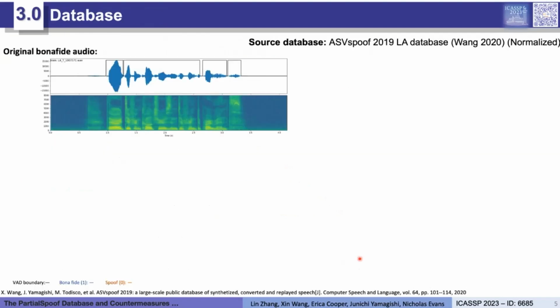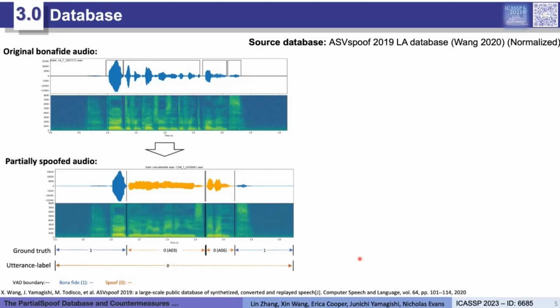Let me first give a quick recap of our previous work on partial spoof. When we explored this topic, there was no open source database, so we built one named PartialSpoof. Here is the partially spoofed audio in our database. In one utterance, there might be both bona fide and spoof.